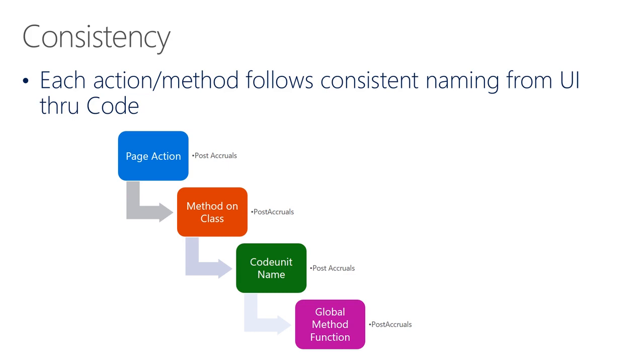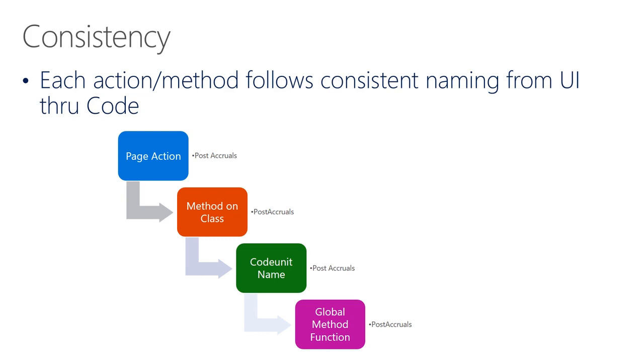There are slight variations to these naming conventions. Let's suppose posting accruals is a method which exists in the context of more than one class or data entity, for instance on the sales header and on the purchase header. In this case, you would add that context information where necessary, but omit it where it is not needed. Since you would need two code units which implement the method for the different entities, one would need to be called post sales accruals, while the other one would be called post purchase accruals.